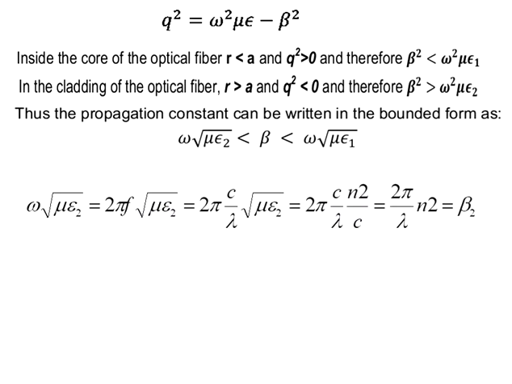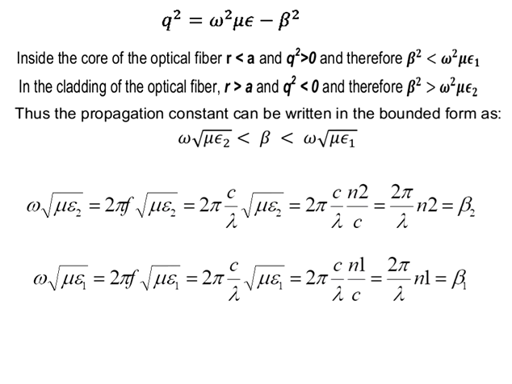So if we simplify, 2 pi c by lambda under root mu epsilon 2, and this under root mu epsilon 2 is nothing but the velocity of light inside the medium, which is given by c by n2. So we get the final equation as beta 2, which can also be written as 2 pi by lambda n2, where n2 is the refractive index of the cladding. So we can say beta 2 is the propagation constant for the cladding part.